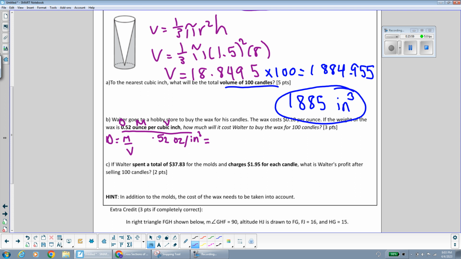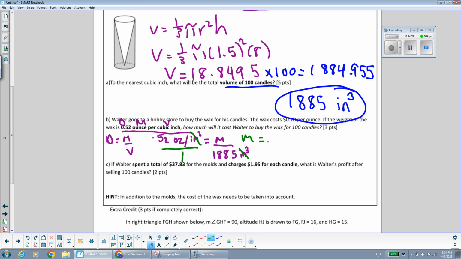We are looking for the mass, and we already have the volume of the candle from the previous part of the question. The volume units cancel out.